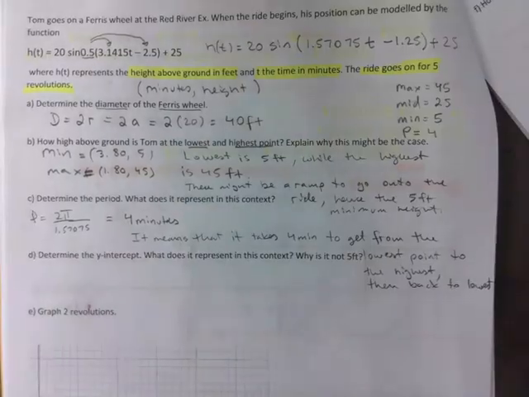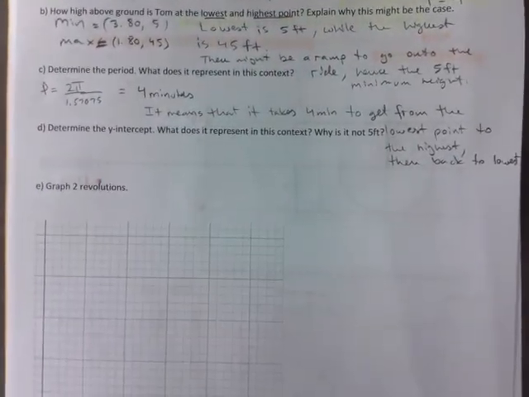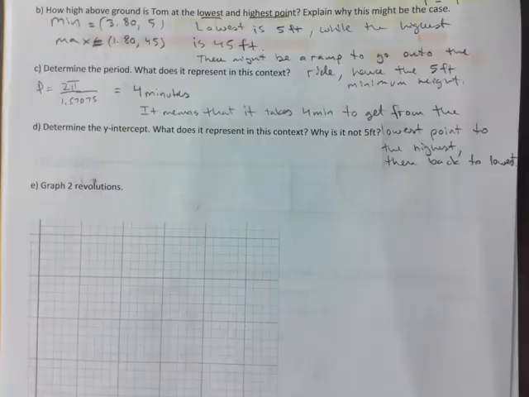Okay. Can you see that? It's a little small. Sorry about that. Takes 4 minutes to get from the lowest point to the highest, then back to the lowest point. That's explicitly what it means here.